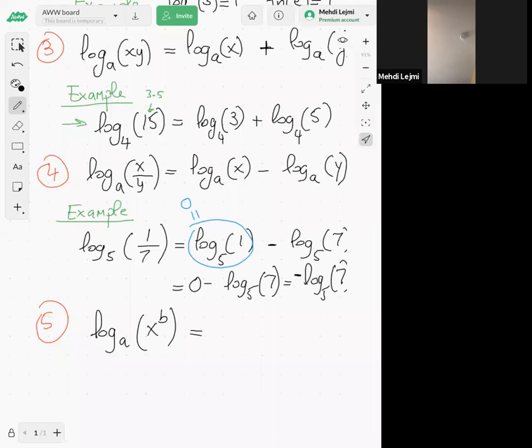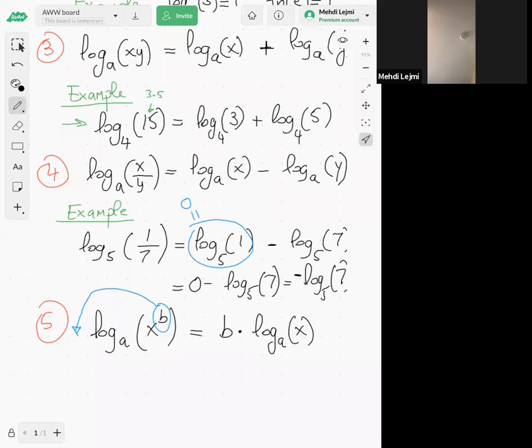Actually that's a consequence of number 3. But if you have log of x to some power, then you can bring down this power in front of the log. So this b goes in front of the log, and that will be b times log in base a of x. So you can bring down the power b in front of the log.